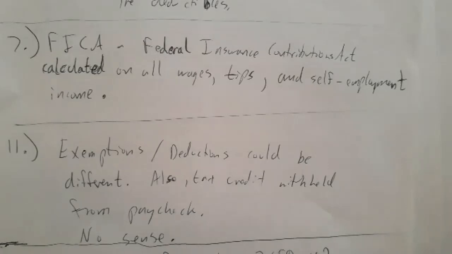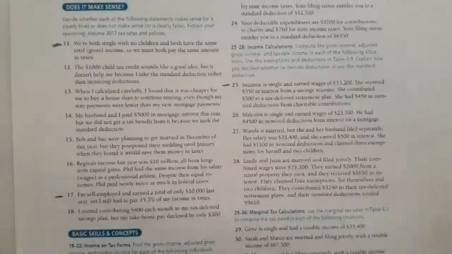If you stick around, we can talk about 17. So 17 is kind of a weird one. It says I'm self-employed and earn a total of $10,000 last year, yet I still have to pay 15.3% of my income in taxes. I will give you a little hint.